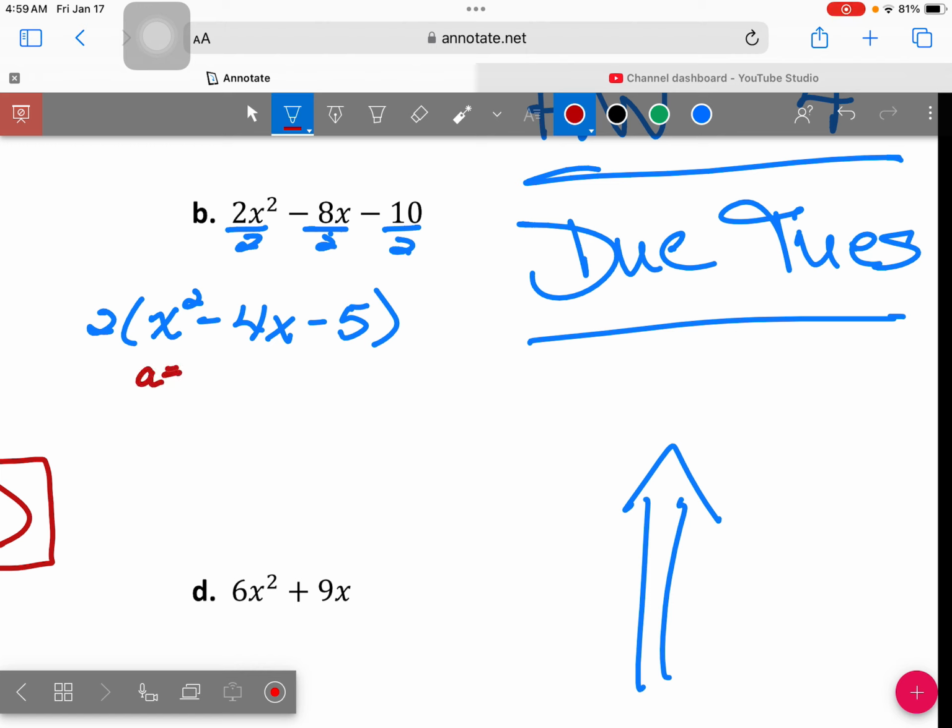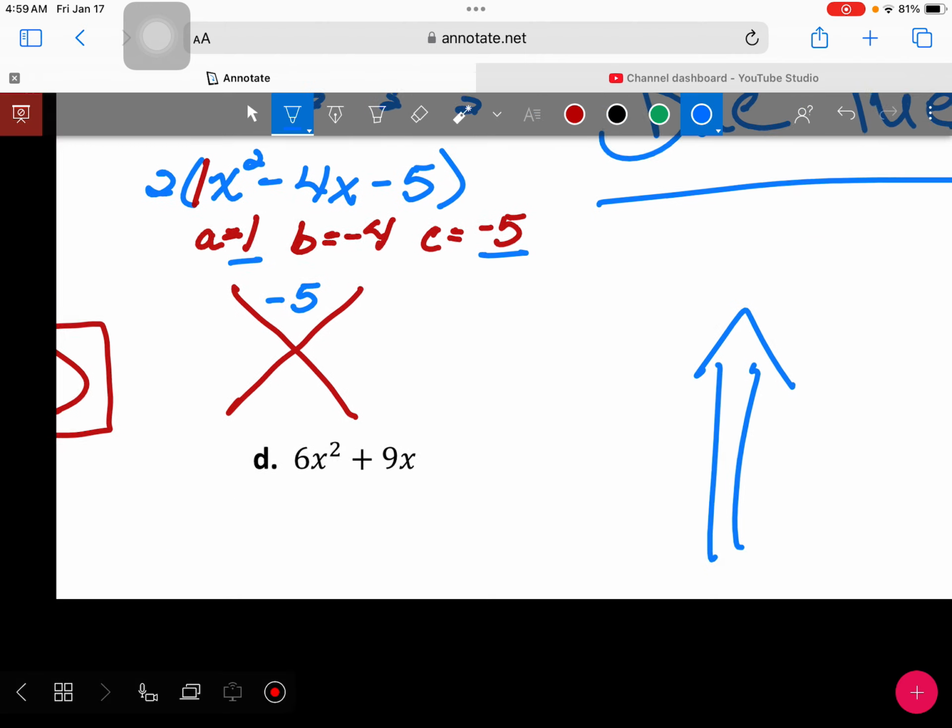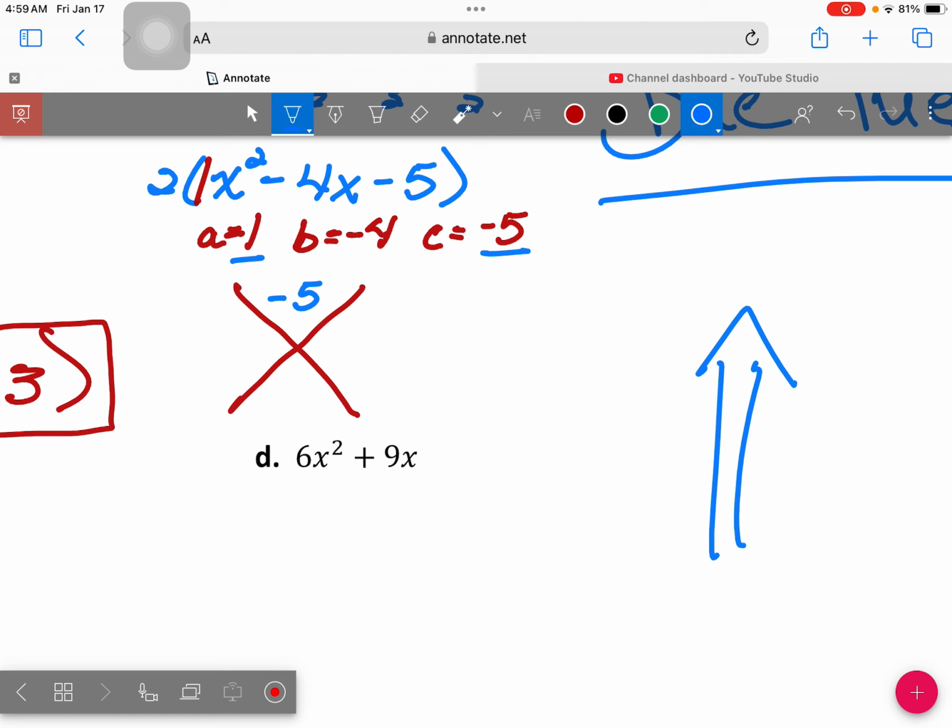A is equal to 1, B is equal to negative 4, and C is equal to negative 5. So in my X box, A times C at the top is negative 5, and on the bottom is B, which is negative 4. So 2 factors of negative 5 that add to give me negative 4.